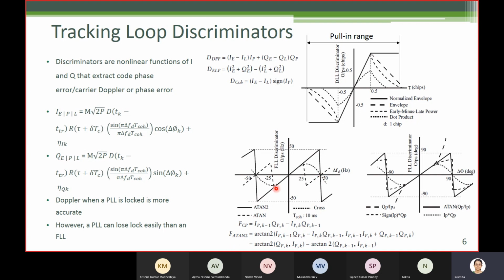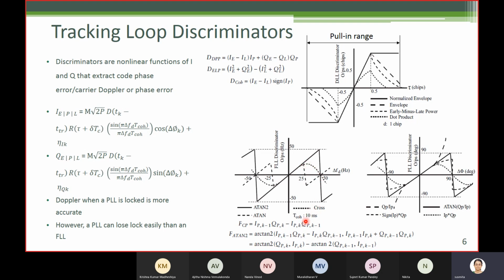And for this discriminator, the linear range and pulling range are the same. Whereas for ATAN, in place of ATAN2, if you take the 2 quadrant arctangent function, the ATAN discriminator shown by this dashed line, the pulling range is half, plus minus 25 Hz. And again, the linear range is the same as the pulling range.